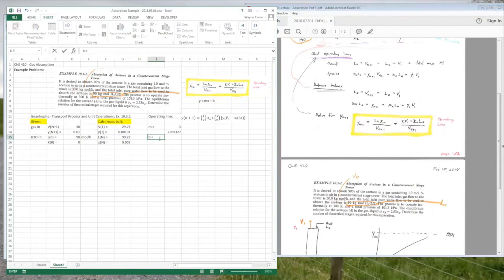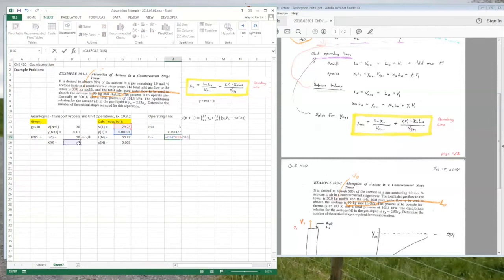B would equal y1 times V1, the vapor coming out, minus the acetone that would be coming in, which in this particular case is 0.